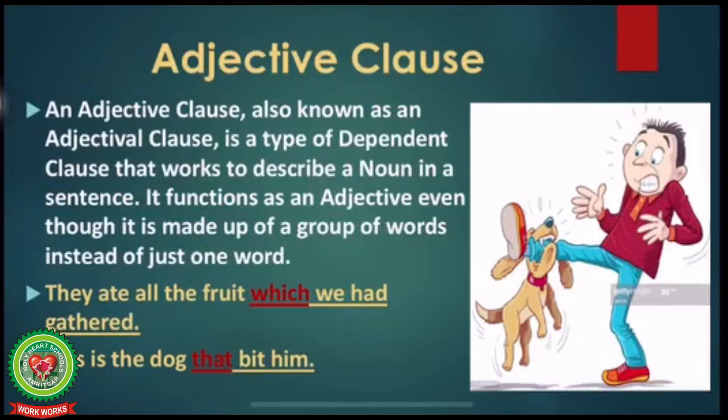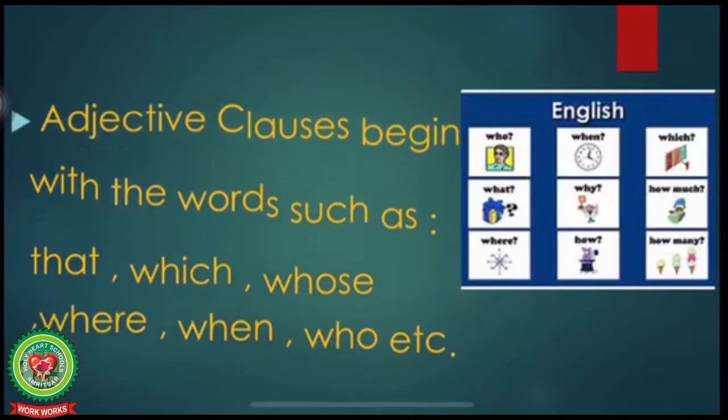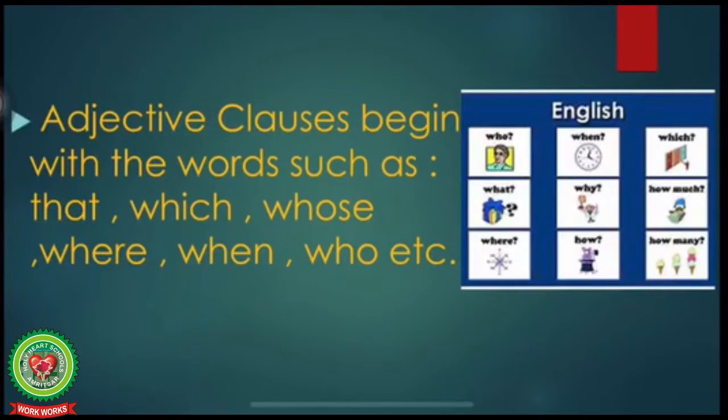Right? Students, adjective clauses begin with words such as that, which, whose, where, when, who, etc. Basically, these clauses answer the questions that begin with which, who, when or what kind.